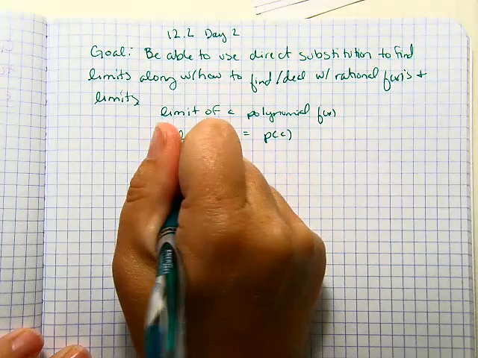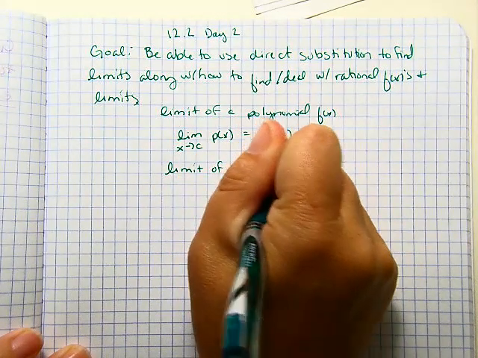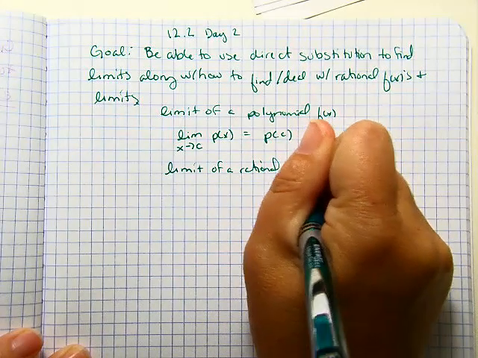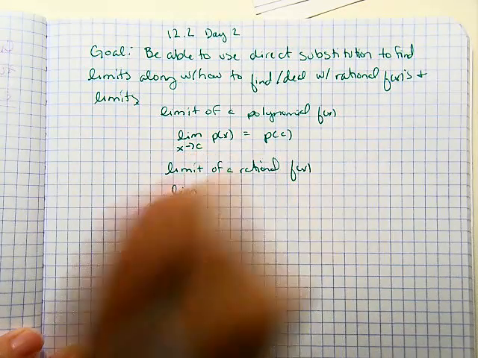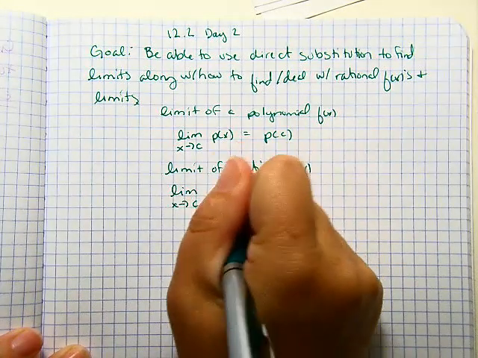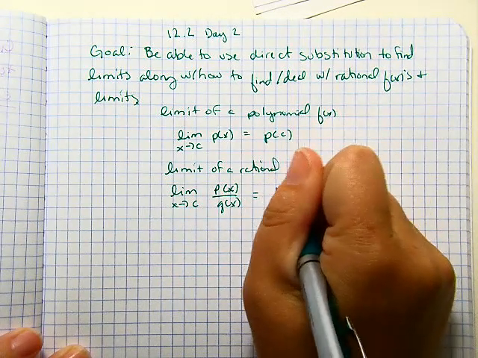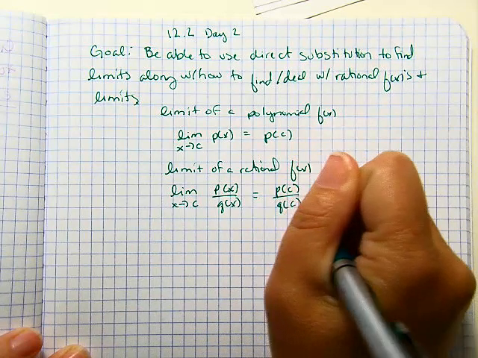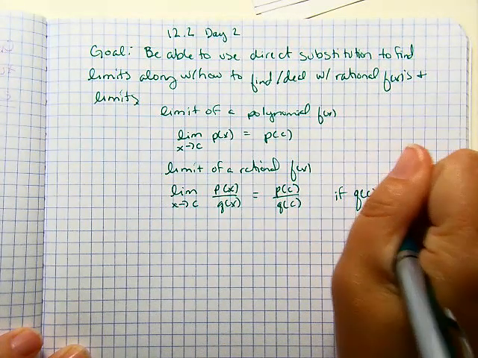And for a rational function, it's similar. The limit as x approaches c of p of x over q of x equals p of c over q of c if q of c does not equal 0.